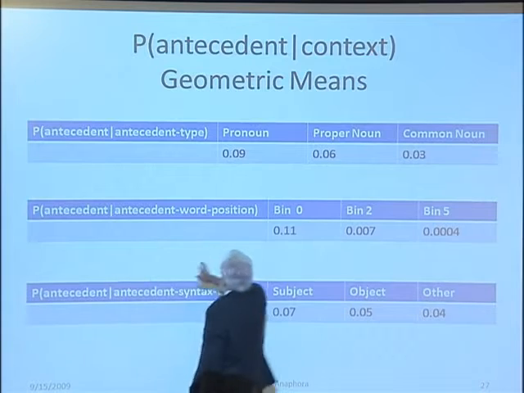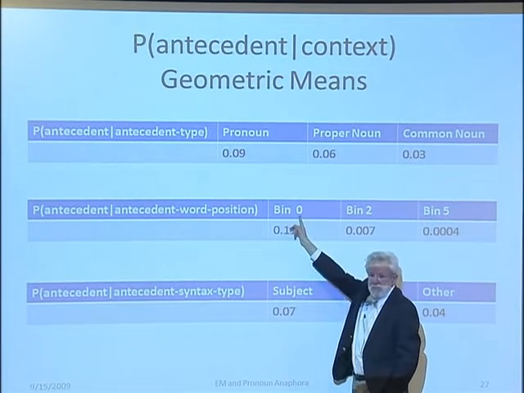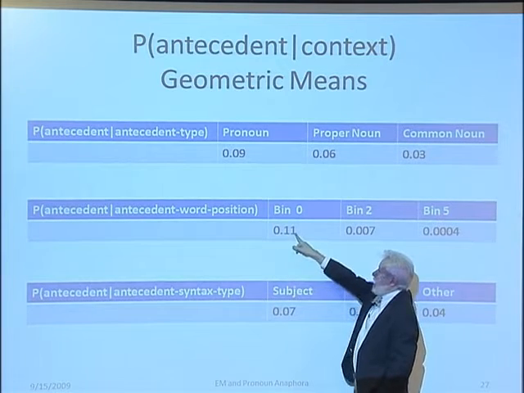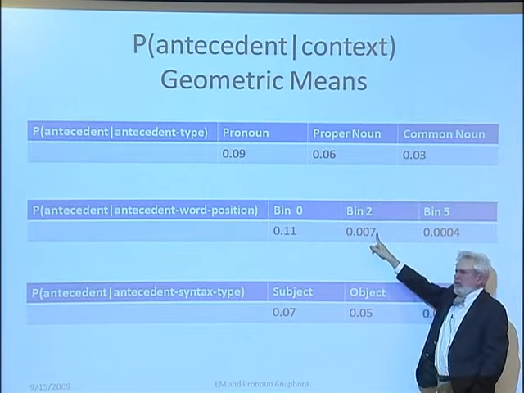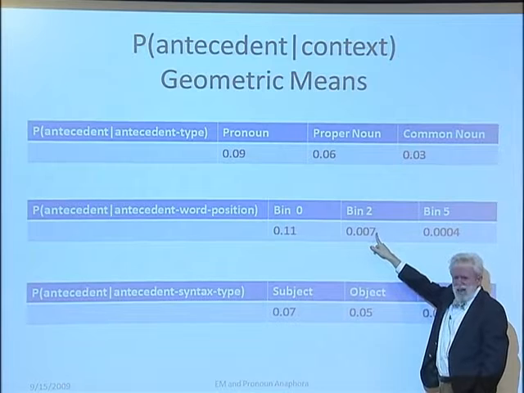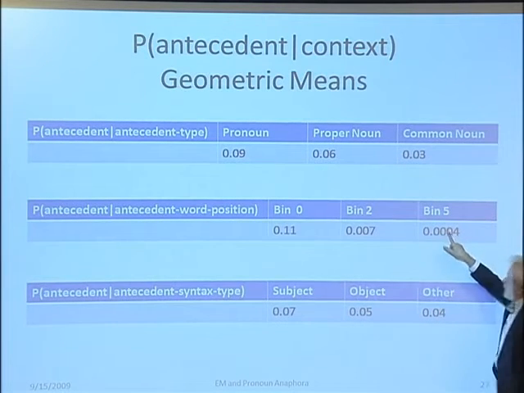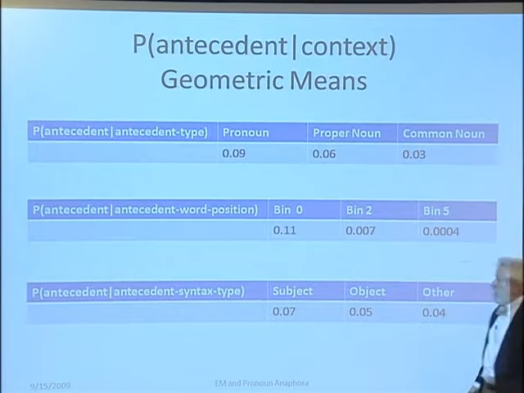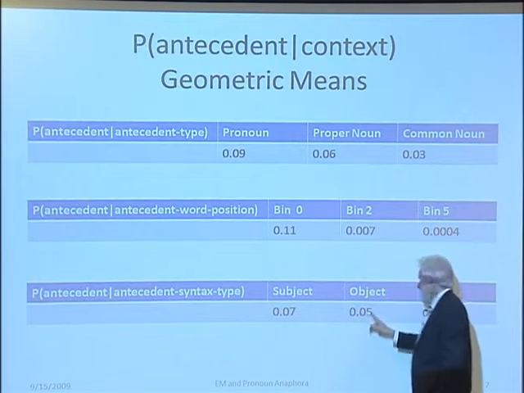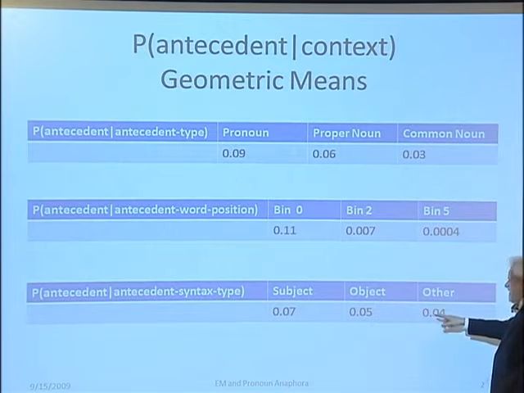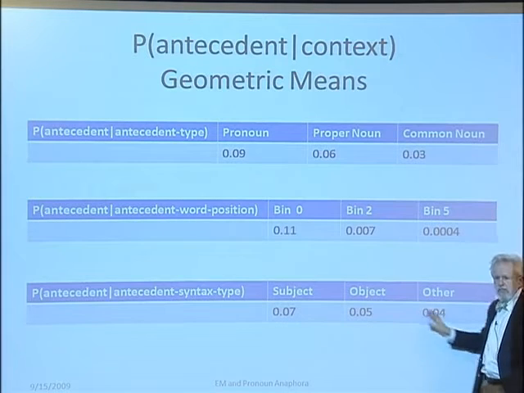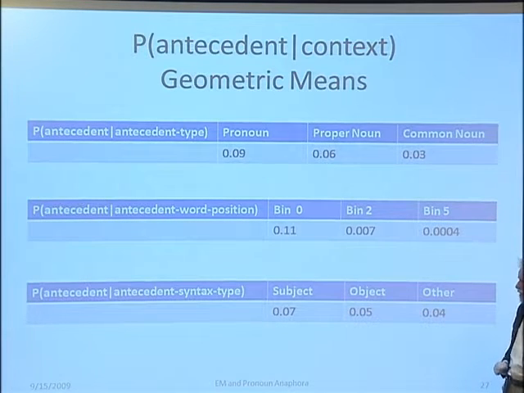And sure enough, things in bin 0, which is positions 0 and 1, counting 0-based, have much higher probability than things in the next bin, 2 to 5 or whatever this bin is, which in turn are more likely than this bin. And similarly for syntactic position. Subject is more likely than object, although these two numbers are very close, and probably this is not statistically significant. But subject being more probable than neither of them definitely is.